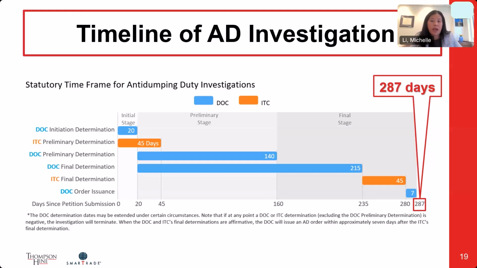And then if ITC and Commerce both agree and make a positive determination, one on the dumping margin, one on the injury, then there will be an order issued by Commerce on the additional tariffs. All these imports falling into the scope of the investigation will have to pay additional tariffs. A couple of slides later, we'll talk about the impact, how that relief comes into effect. Next slide, please.